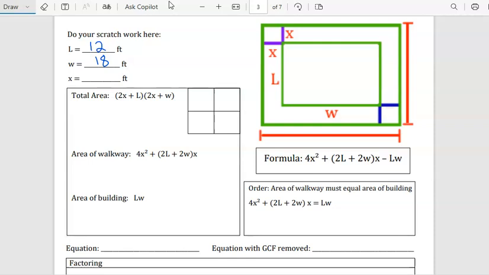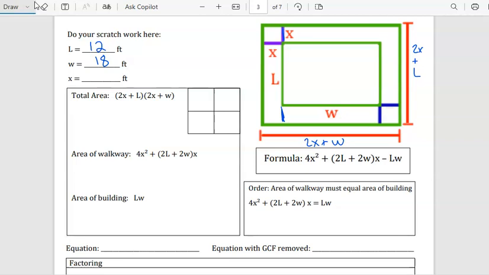To find the total area of both the building and the walkway, we'll multiply the length of 2x plus L and the width 2x plus W. It's 2x's because there's one on one side of the building and one on the other side.